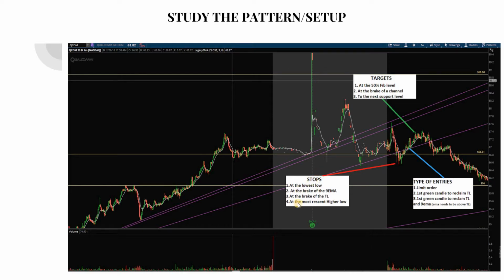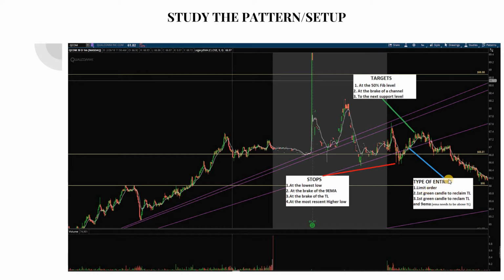In my case, I have four different things, but you could have four, five, six. And same for targets. I have three ways to take profits, and you backtest these with many options, and based on your numbers, you'll see which one works the best.